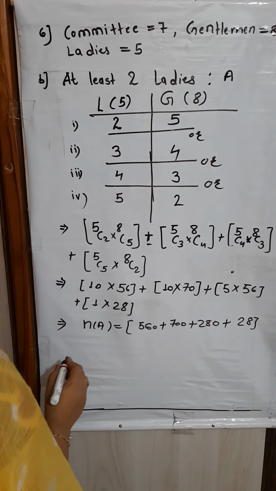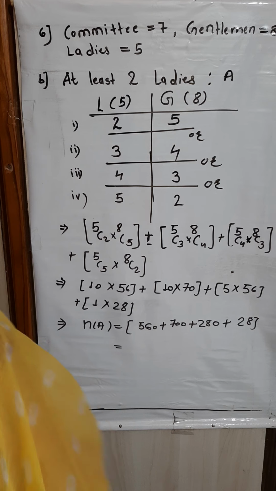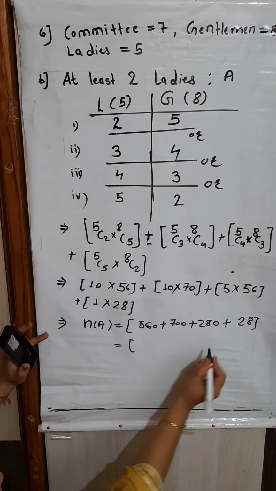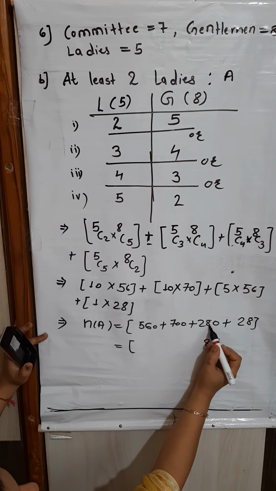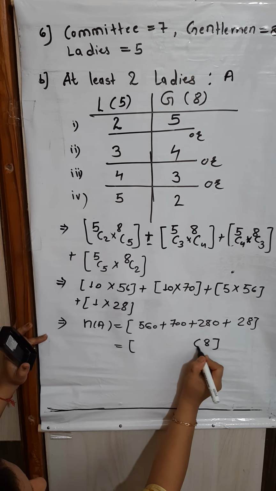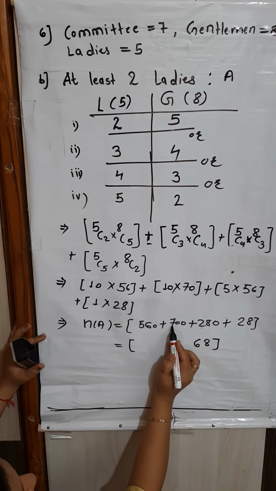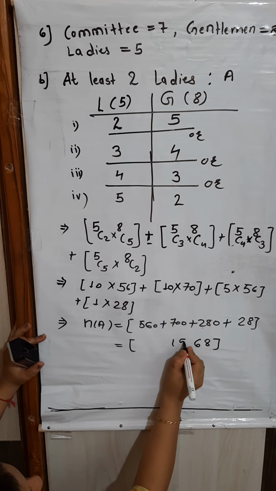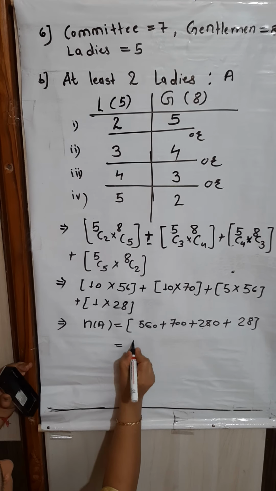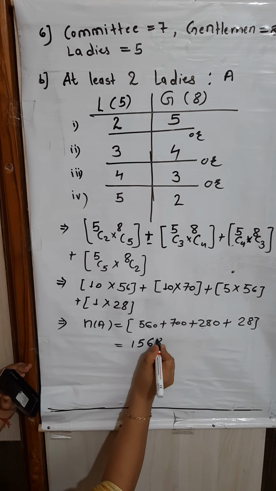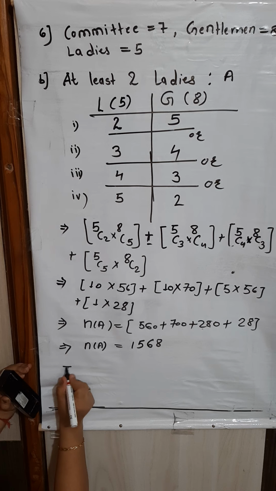Take out the summation. Here we get 8, then 2 plus 8, 10 plus 6, 16, carry 1, 3 plus 7, 10 plus 15, 1, 5, 6, 8. 1, 5, 6, 8. What is this? n of A.